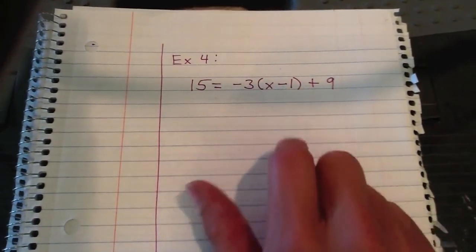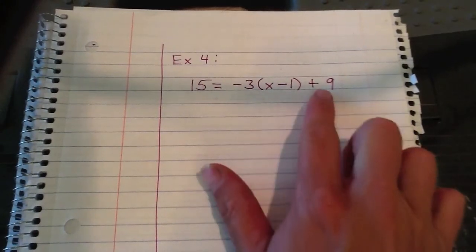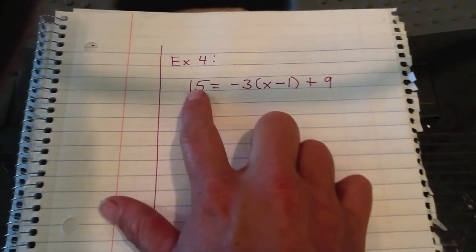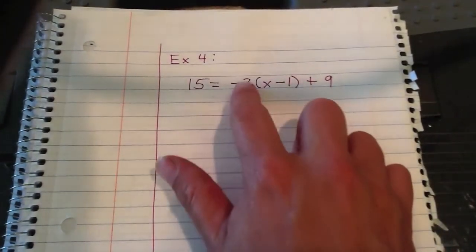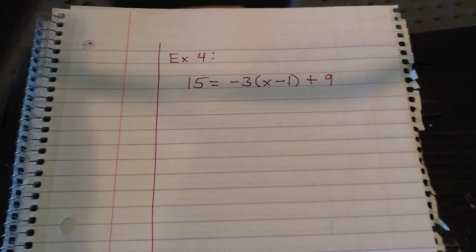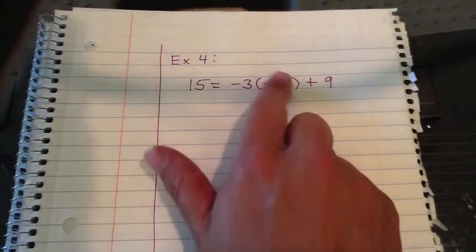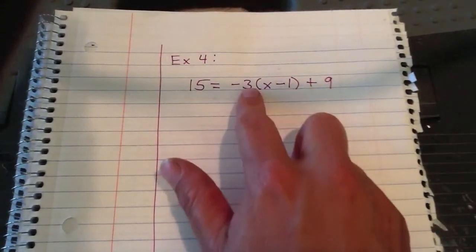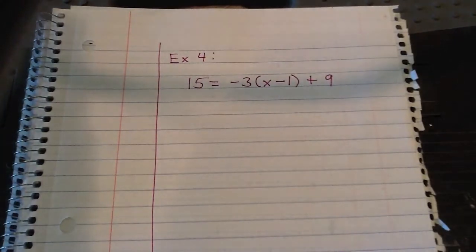So if you're going to do this the second way, you would need to subtract 9 first. Now you have this multiplying to each thing. That's when you can go ahead and divide. I'm not going to show it to you that way. If you want to try that way tomorrow, just ask me for help if you run into any problems with it. But just remember, this needs to be multiplying to everything over there before you can use that trick that I showed you as the second way.